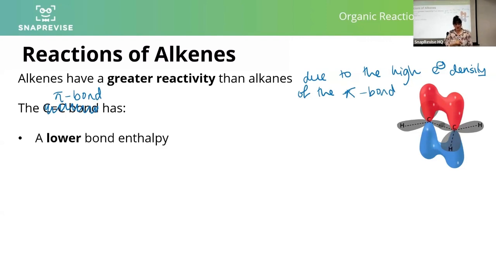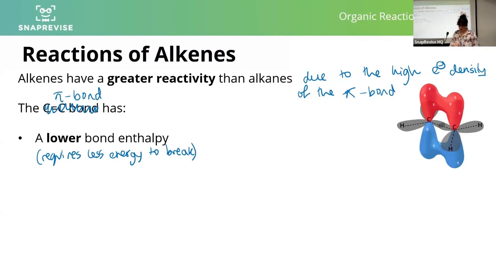The pi bond has a lower bond enthalpy. So the pi bit of a double bond has a lower bond enthalpy than the sigma bit of a double bond. That means it requires less energy to break. Hence, the pi bit of a double bond is more reactive than a single bond.